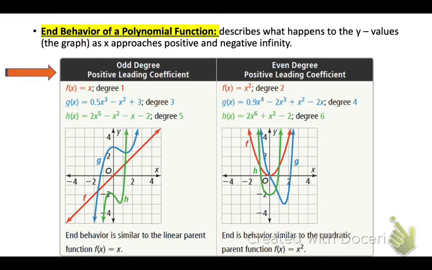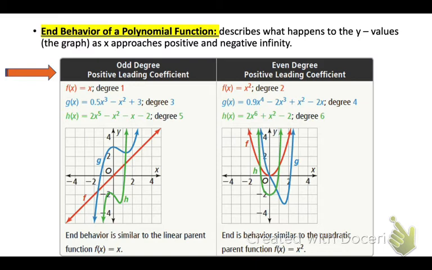Okay, I have 2x to the 5th. So it starts down and ends up. Do you notice that, what's the coefficient on the x? 1. What's the coefficient on here? 0.5. What's the coefficient on the green? 2. They're all positive, yes?